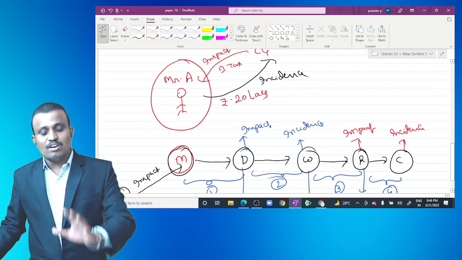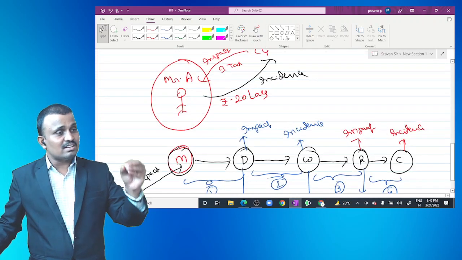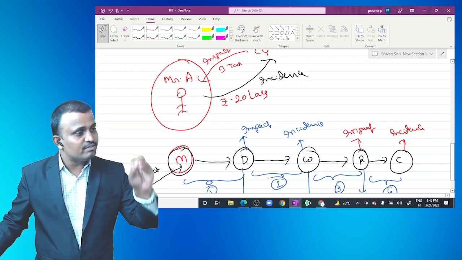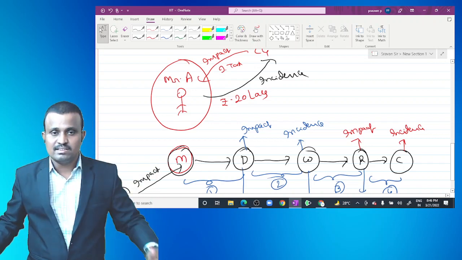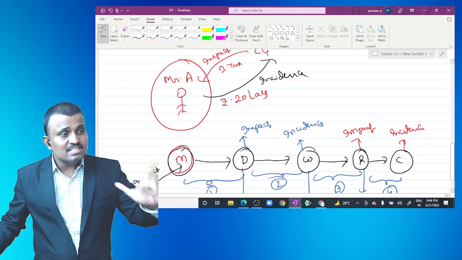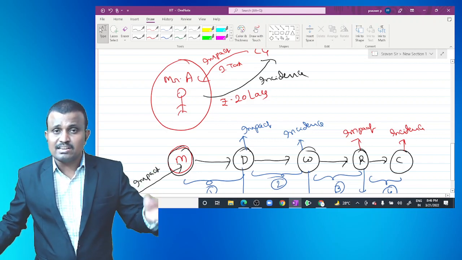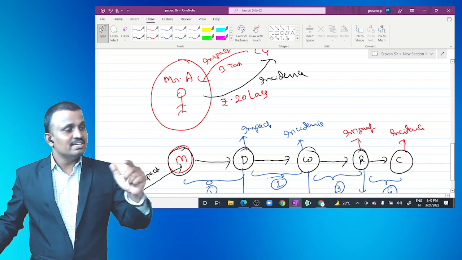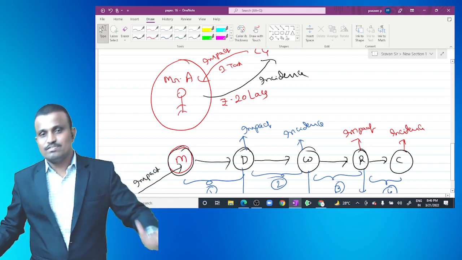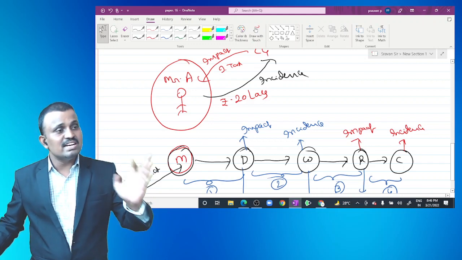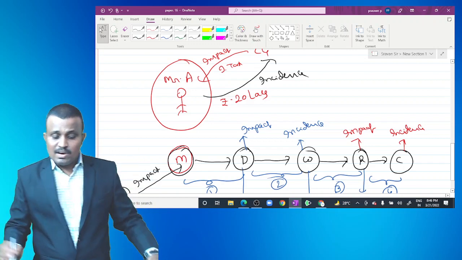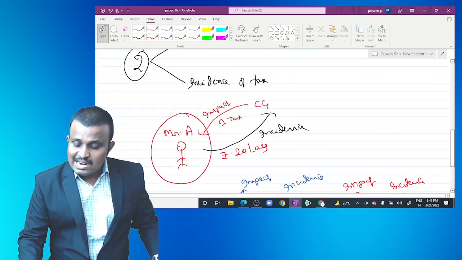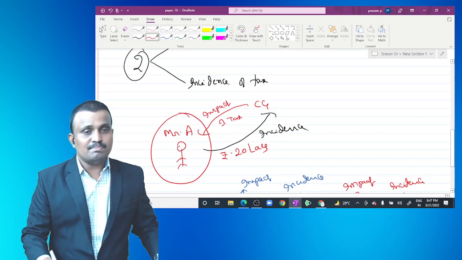So impact of the tax is the effect on the person on whom the tax is levied first. And incidence of the tax is the effect on the person who ultimately bears the tax burden. In the first scenario, impact and incidence are both on the same person.